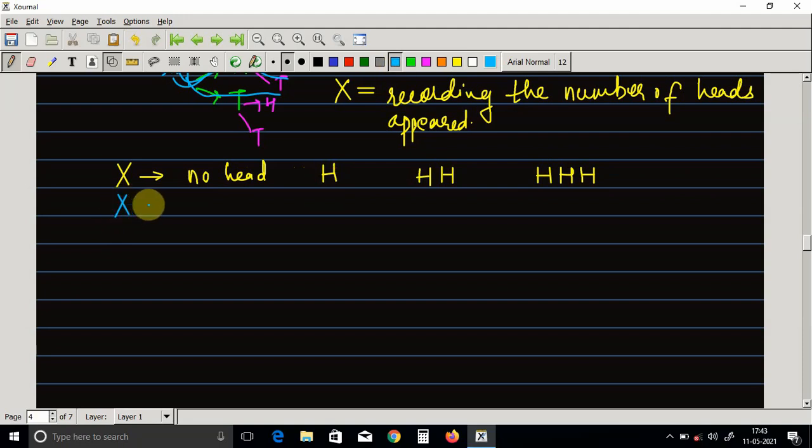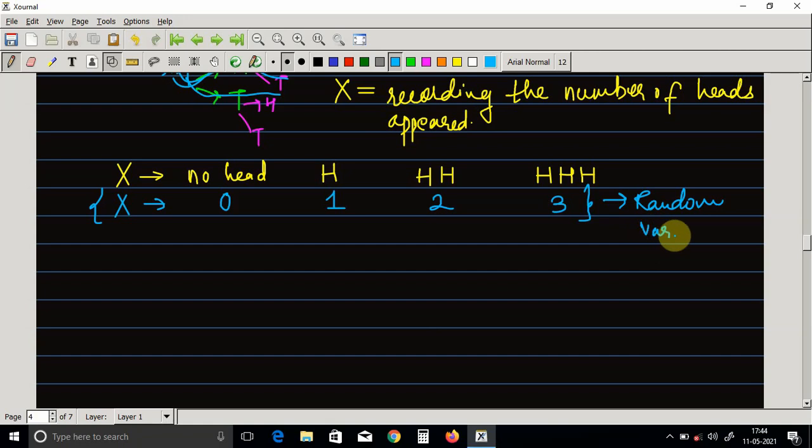This is very obvious to quantify: no head means 0, then 1 head, 2 heads and 3 heads. This is my random variable. This X is called a random variable because this variable is an outcome related to that random experiment.